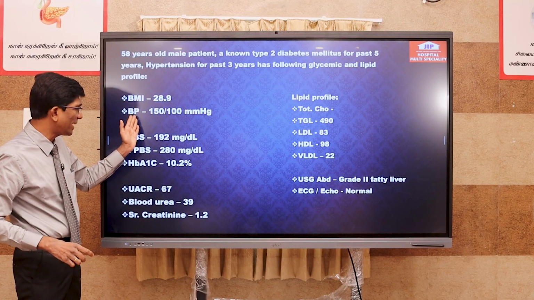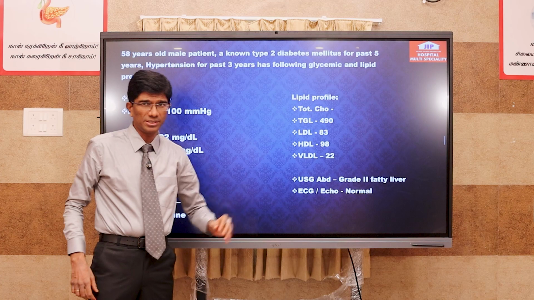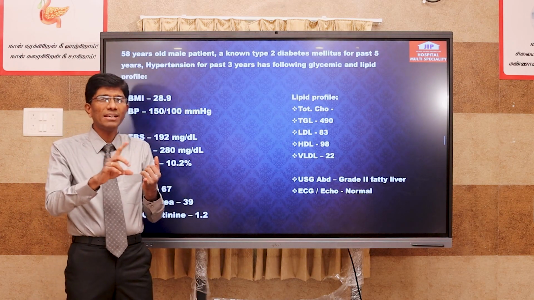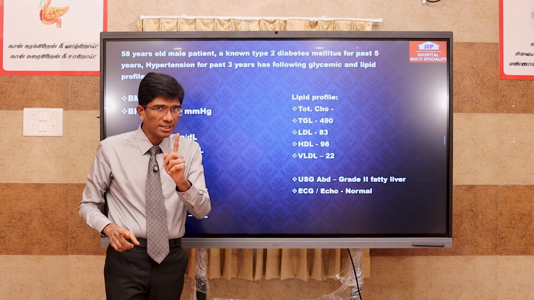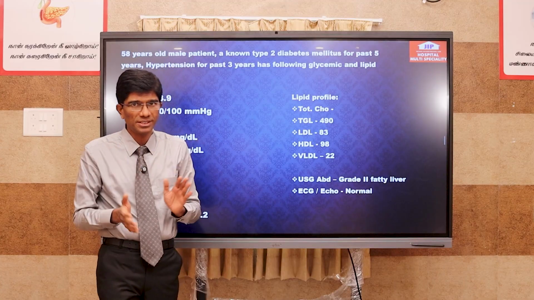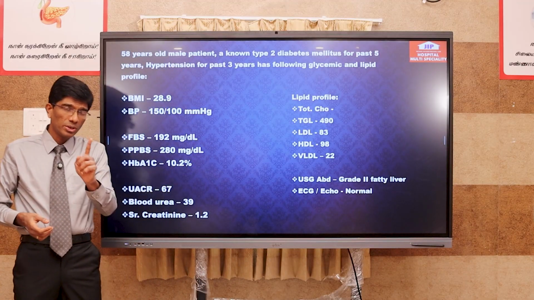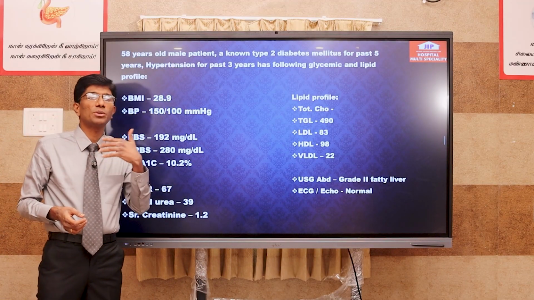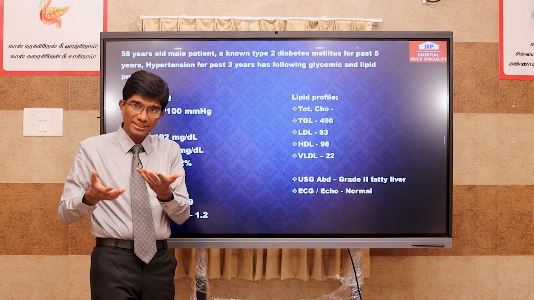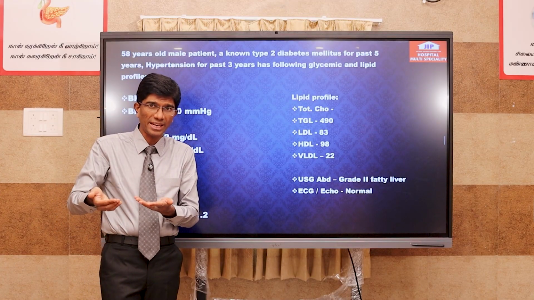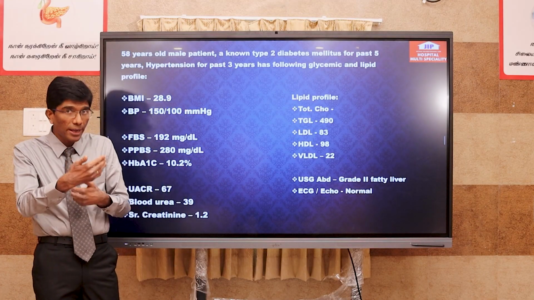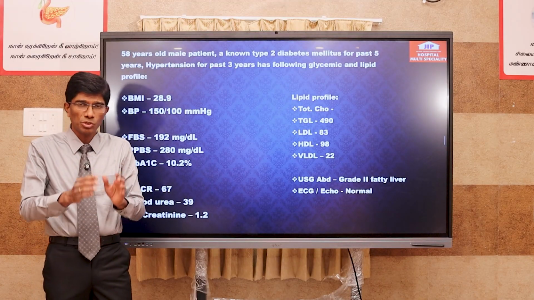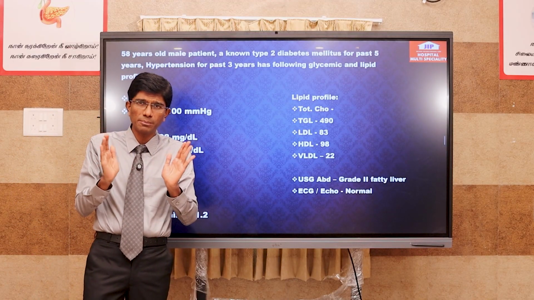When you lose weight, fatty liver can be reversed. They say fatty liver can be reversed if you shed weight by 5%. Even if you reduce your weight by 10% from your baseline, it can even reverse the fibrosis that is present in the fatty liver. So weight reduction is most important.